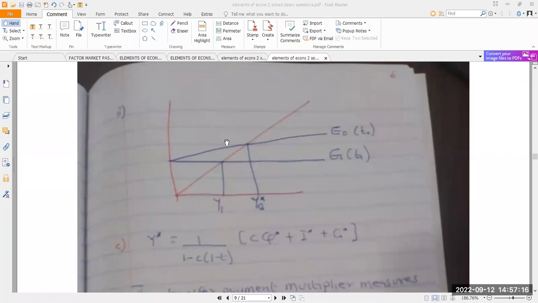There's a reduction in either consumption and investment, or even both, and they are all part of aggregate expenditure or aggregate demand. So whenever there's a reduction in aggregate demand, holding aggregate supply constant, we should see a reduction in income. That is why income falls from Y star to Y1.